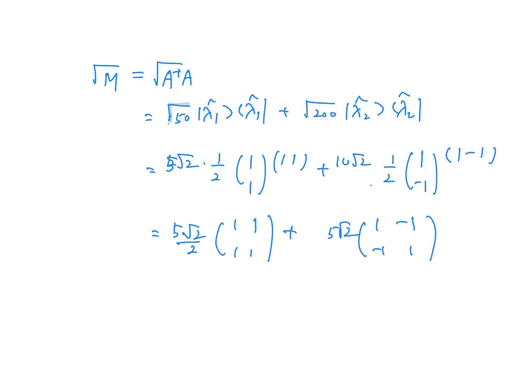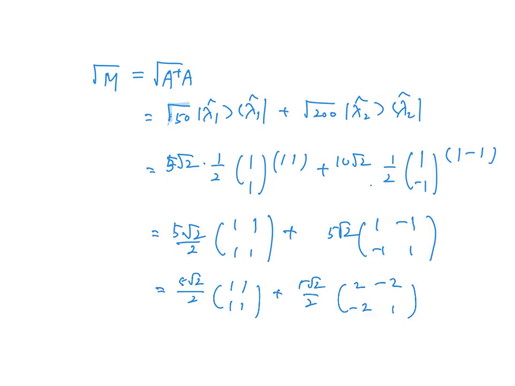So that's actually 5. So we can actually combine them with 2 over 5 square root of 2, 1, 1, 1, 1, and 2 over 5 square root of 2, 2 minus 2, minus 2, 1.